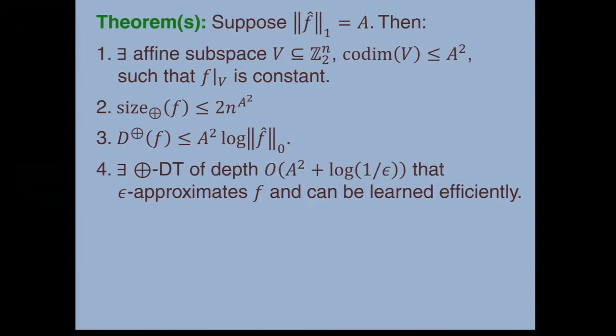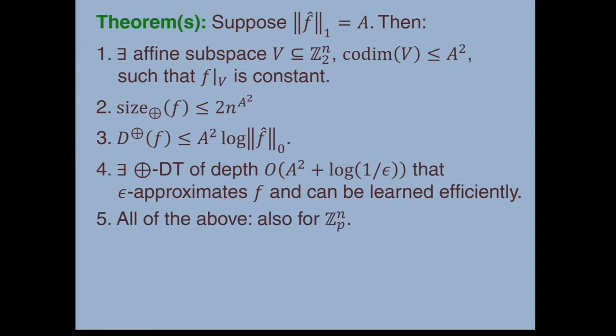If you're willing to settle for an approximation of f, an epsilon approximation, then for every epsilon greater than 0, we can give a tree of depth a squared plus log 1 over epsilon, which computes a function that is an epsilon approximation for f. And you can also learn this efficiently. Obviously, this is informal; I'm going to get to what I mean by learning, but let's take this statement as is right now.